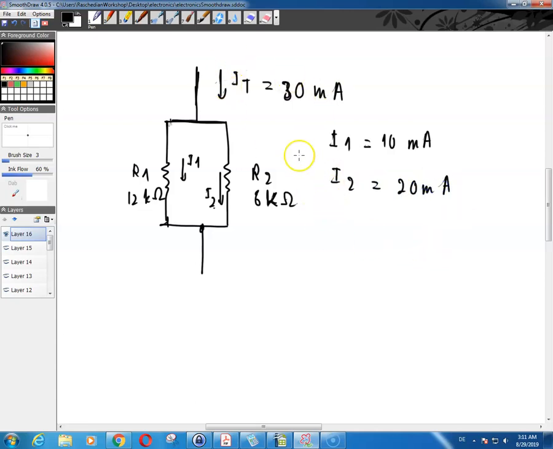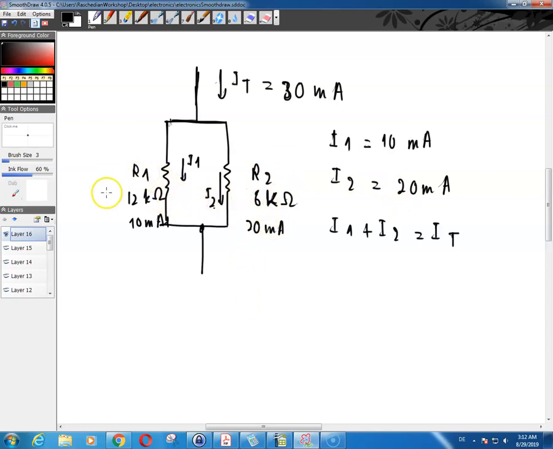Of course, you can see that I1 plus I2 is equal to I of t, which you have already seen. Now, there is something important here. This resistor is a 12 kilo ohm resistor, this resistor is a 6 kilo ohm resistor. The current going through this resistor is 10 milliamps. The current going through this resistor is 20 milliamps.